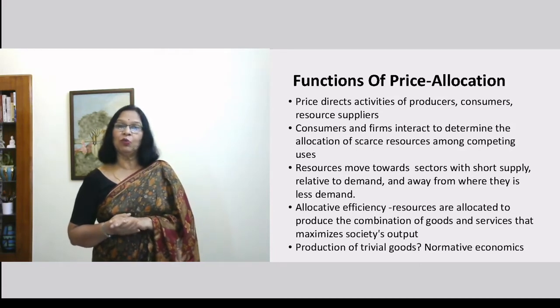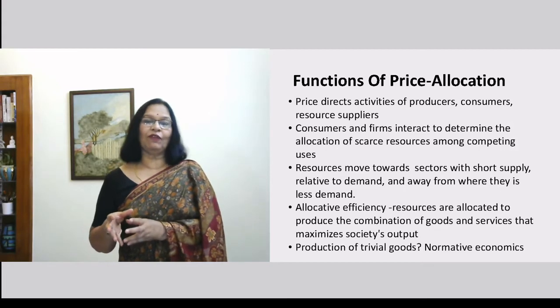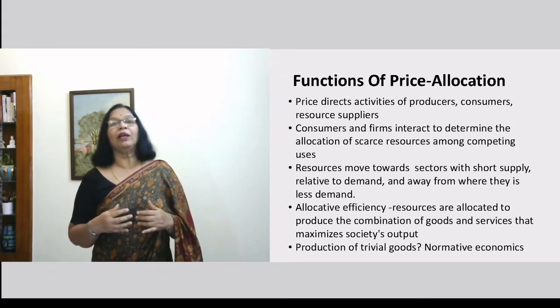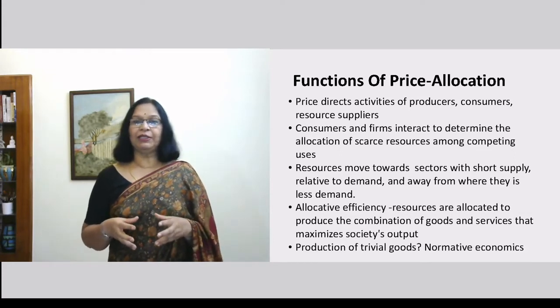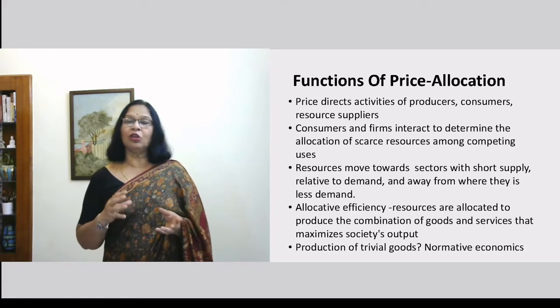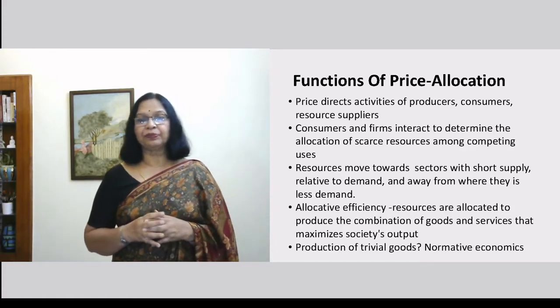So resources move towards those sectors where there is a shortage of goods available, and resources move away from those sectors where resources are available in plenty. Thus, price directs the activities of the producers, of the consumers, and of the resource suppliers.